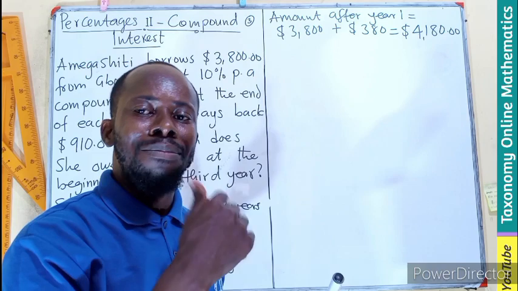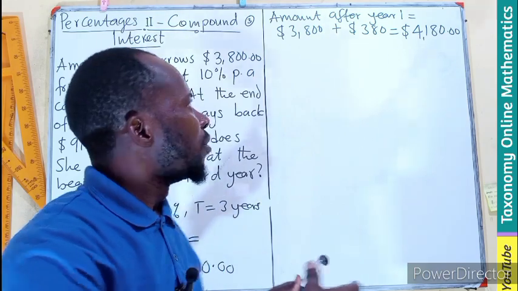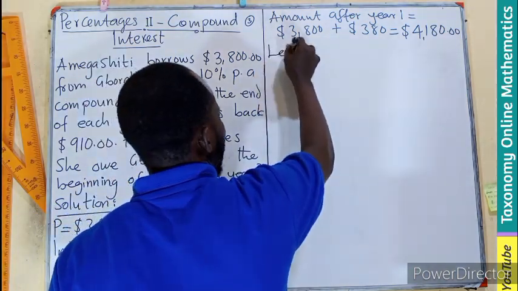Remember, this is the amount. So on this amount, she made a less payment, so we can find out what will be left.